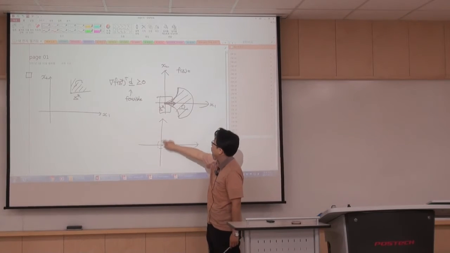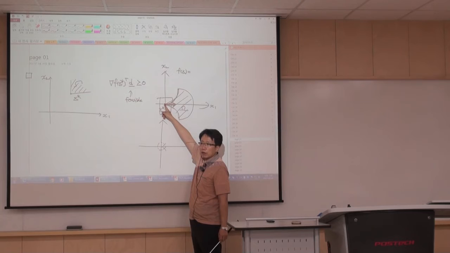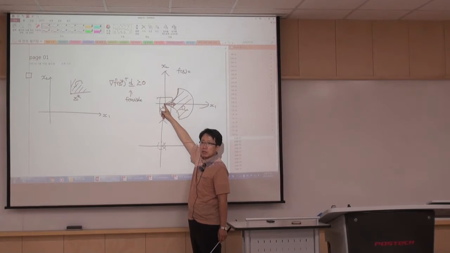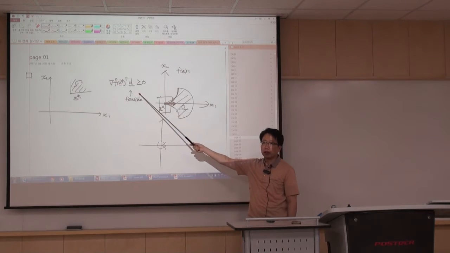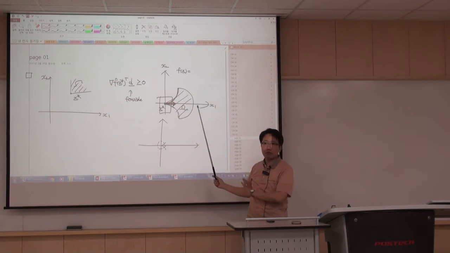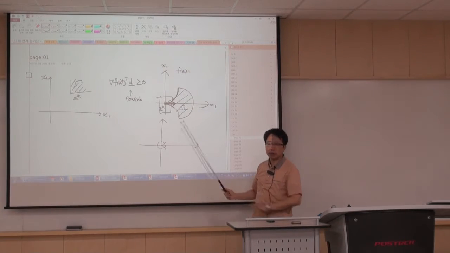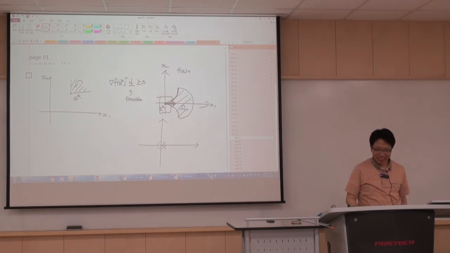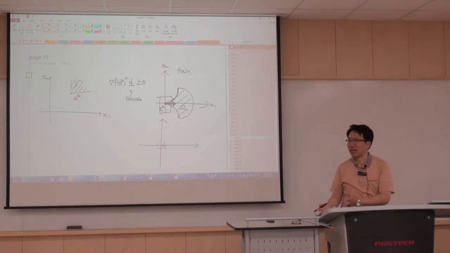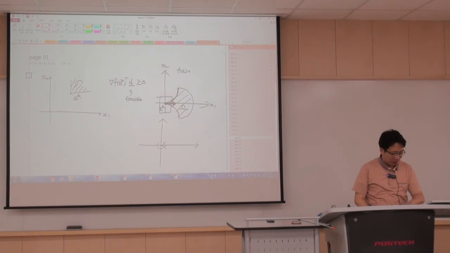So this point, the origin, is never a local minimizer, but this condition holds there. Got it? This is important. This example is worth remembering, and you may see it in the final exam, because I emphasized it in the last lecture.